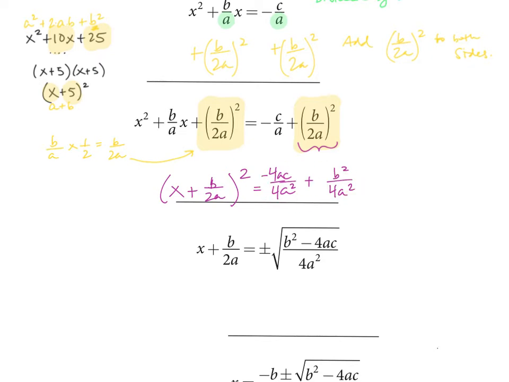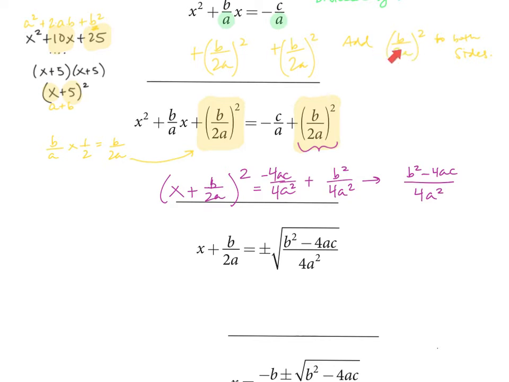We can actually rewrite that as everything divided by 4a squared. And when we add these two together, we're going to get negative 4ac plus b squared. Now, since this is a negative term, we could flip-flop and rewrite it as b squared plus a negative 4ac. And that's exactly what we did down here. So just reminding you of that.